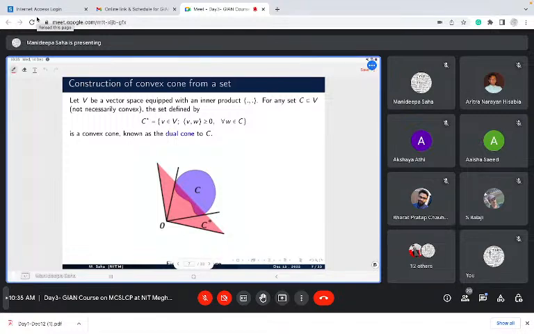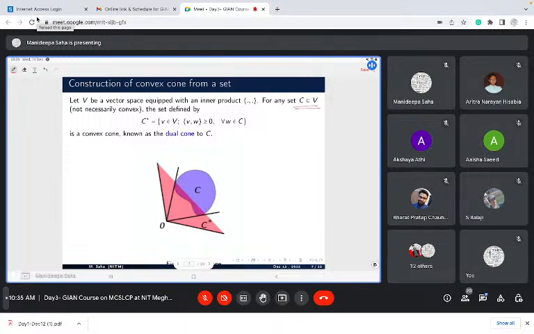So if we talk about a set in a vector space, it may not be a cone, but one can construct a cone. We call it the dual cone. So what is that? Suppose V is an inner product space, so it has an inner product, and we have any set C. I don't need it to be a cone or convex cone, it may not have any other properties.